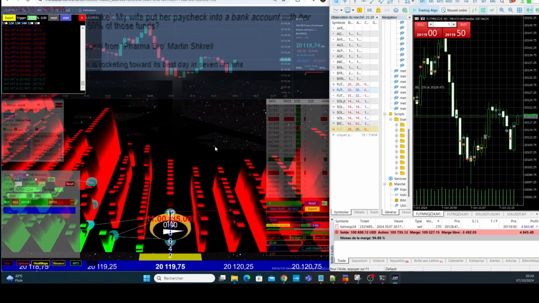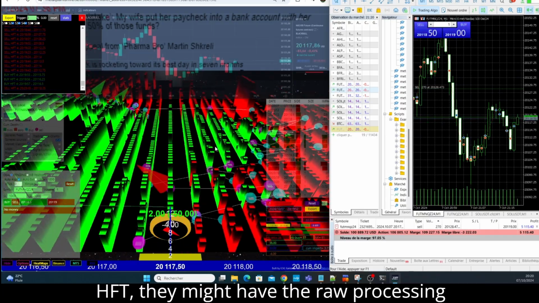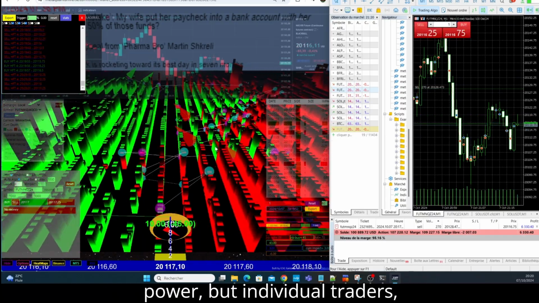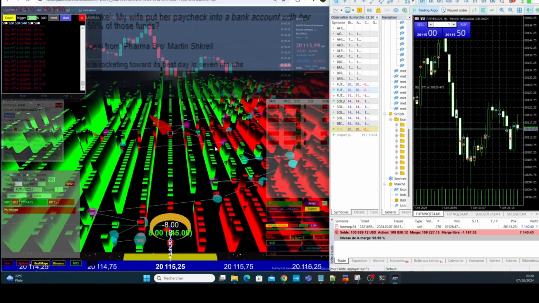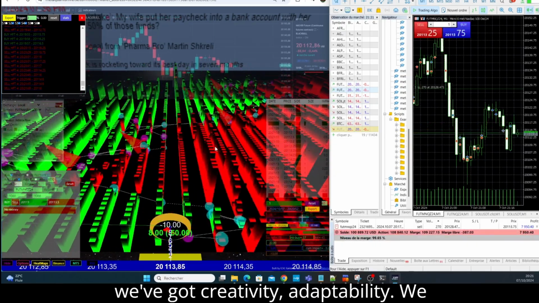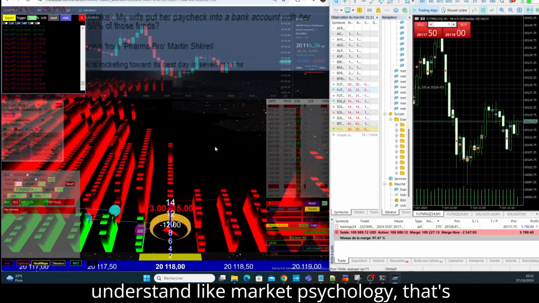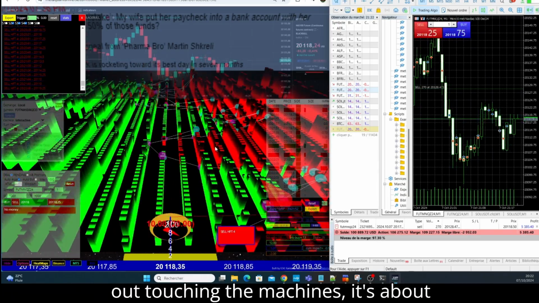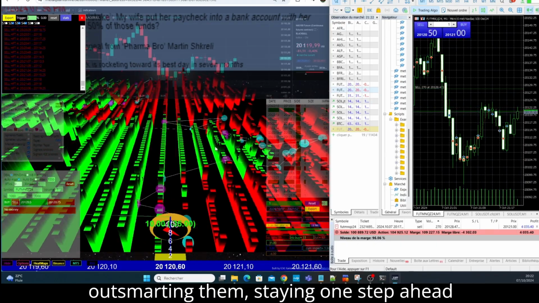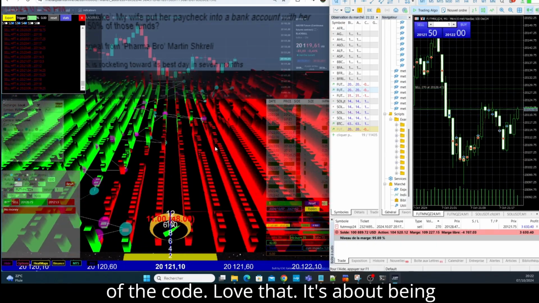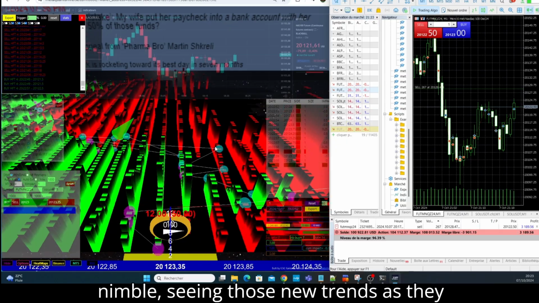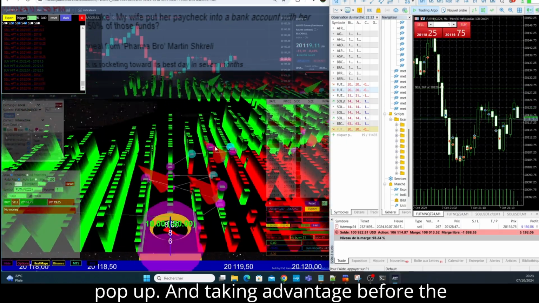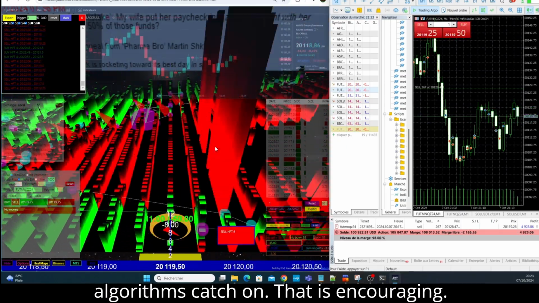So HFT, they might have the raw processing power, but individual traders, we've got creativity, adaptability, we understand market psychology. That's where we find our edge. So it's not about out-teching the machines, it's about outsmarting them, staying one step ahead of the code. Love that. It's about being nimble, seeing those new trends as they pop up, and taking advantage before the algorithms catch on. That is encouraging.